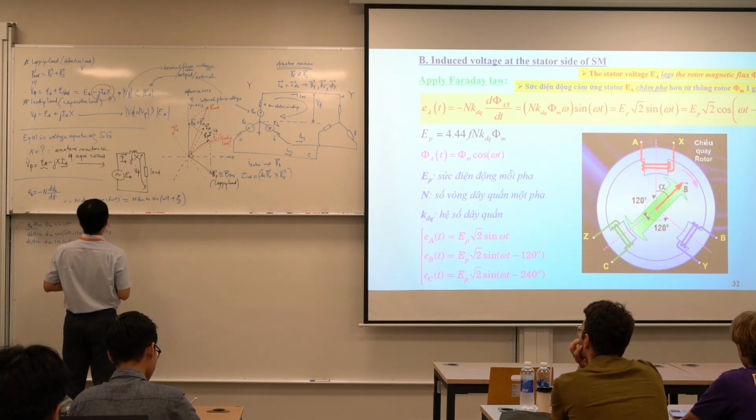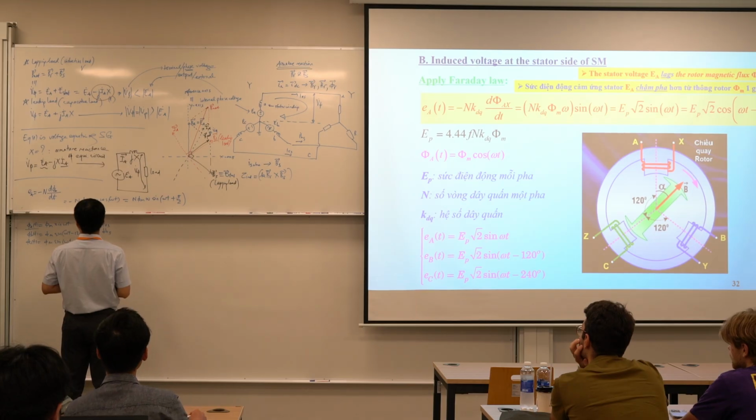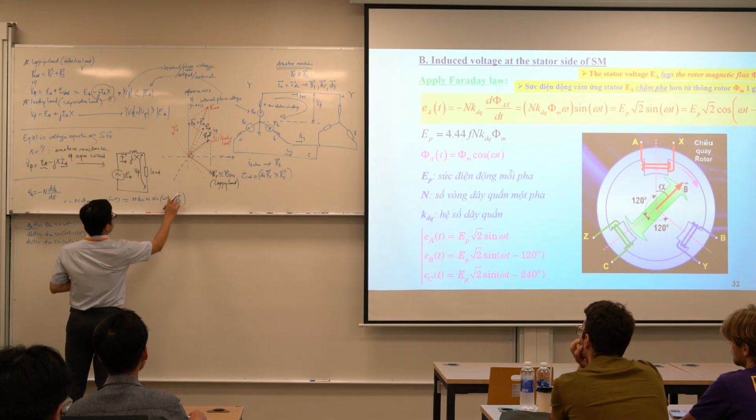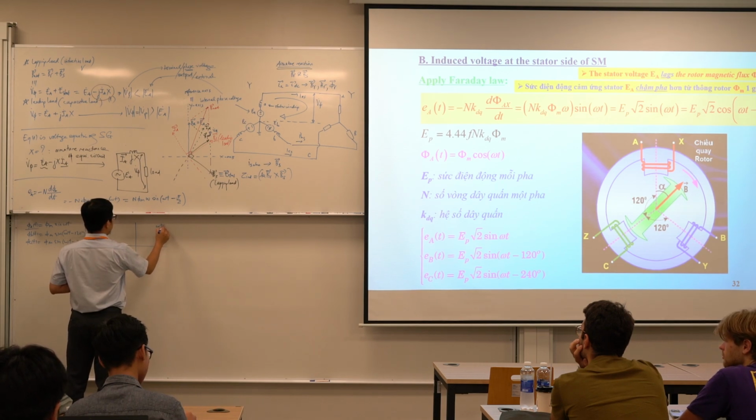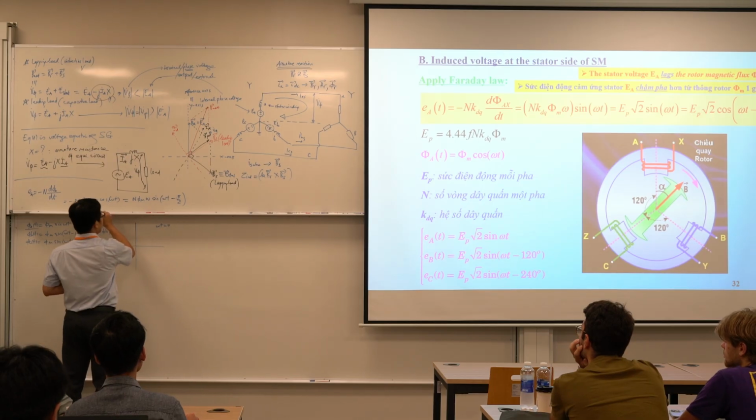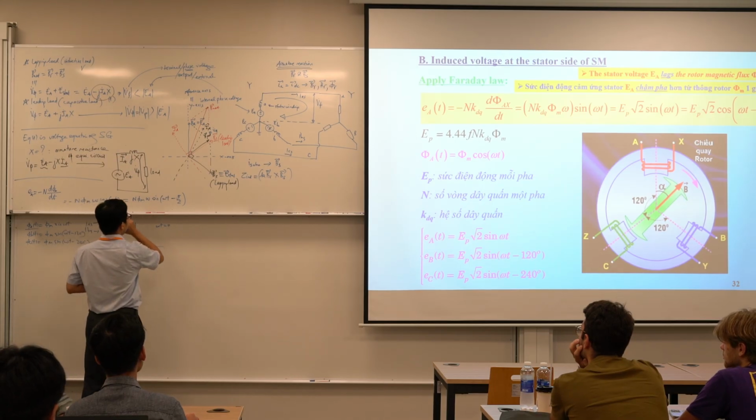Minus, right? Okay, you can check. For example, if omega t is 0, it is minus 1. Minus 1, so 0.